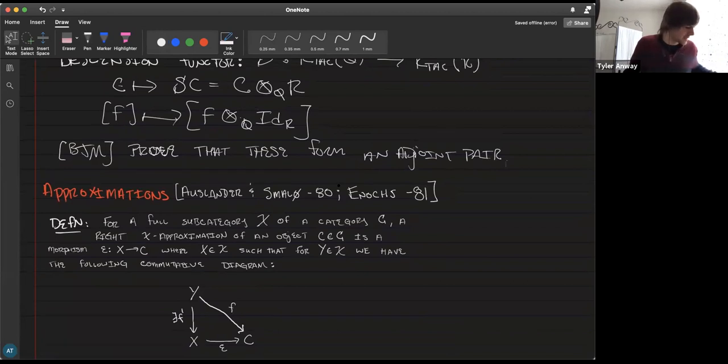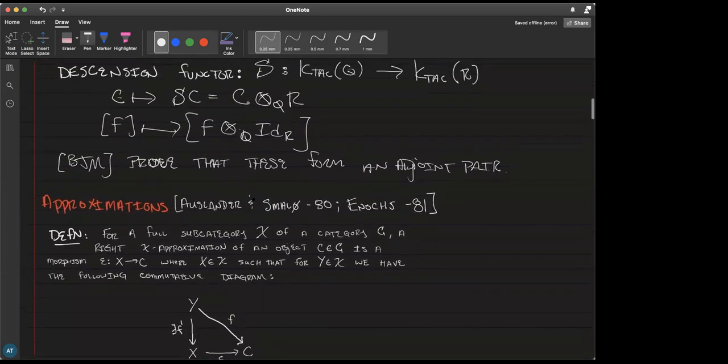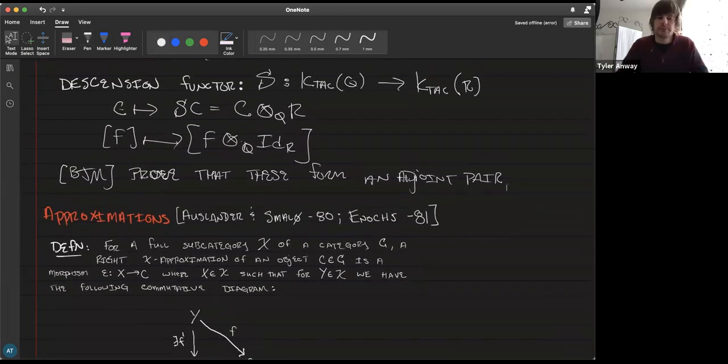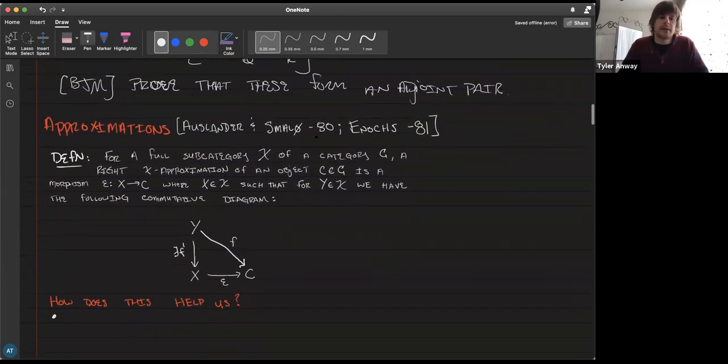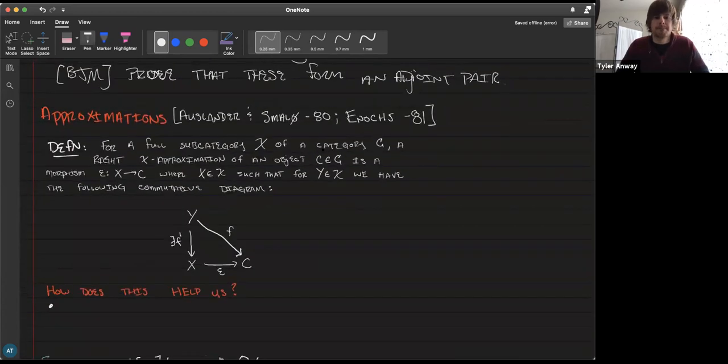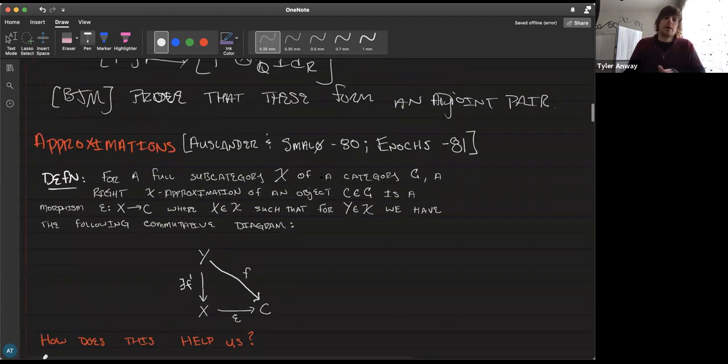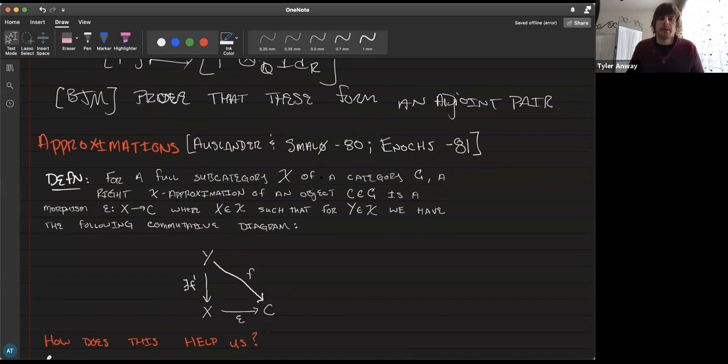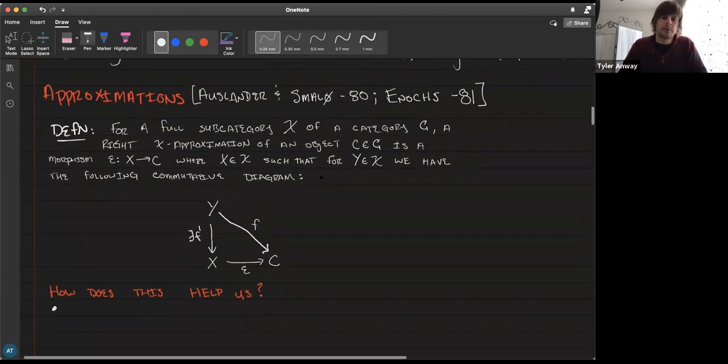So once we have these two functors, I'd like to now define what an approximation is. It's a little bit wordy, but we'll break it down. These were first defined by Auslander and Smalø in 1980, and independently in 81 by Enochs.